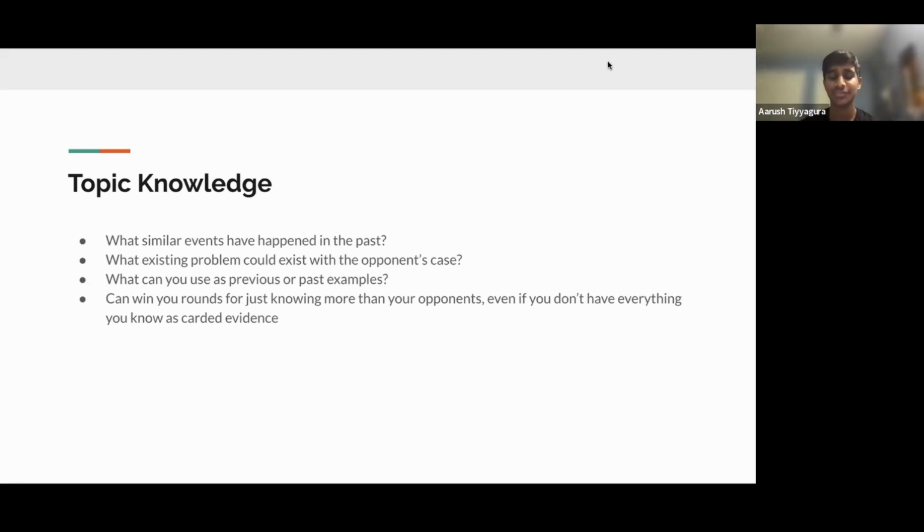So, as far as finding logical jumps, which is the main point of analytics, topic knowledge is critical to that, because you don't know that your opponent's making a logical jump if you don't know enough about the topic to know what they're talking about, right? So, for example, back to this International Criminal Court example from February from Stanford, one of my opponents read an argument that said the International Criminal Court disenfranchises Latin American countries.